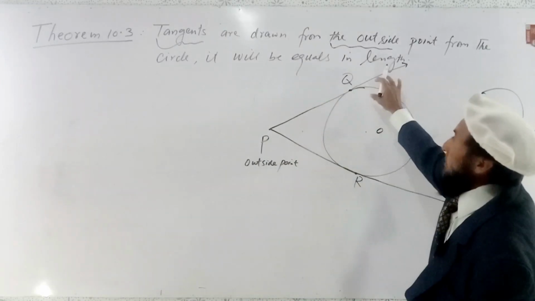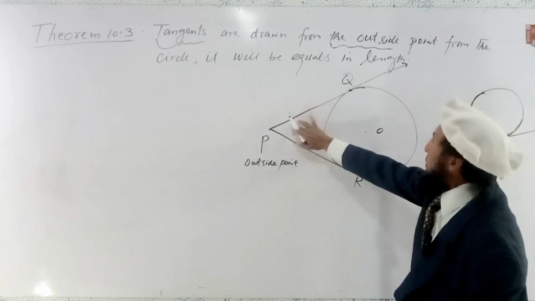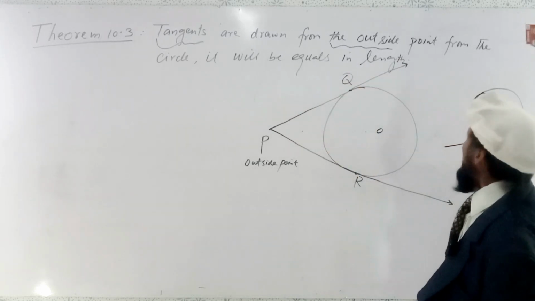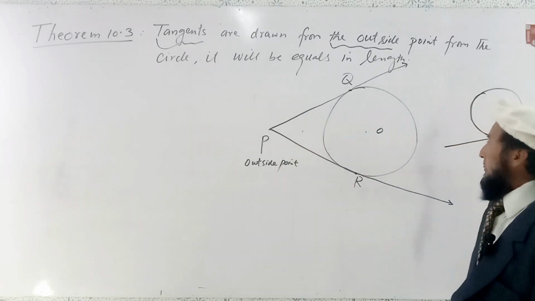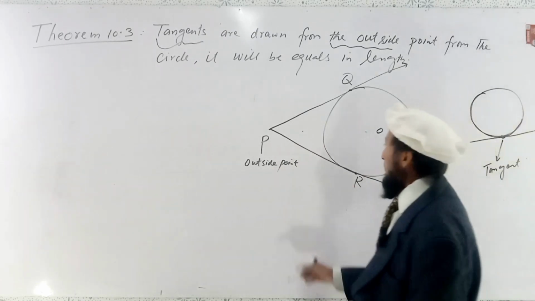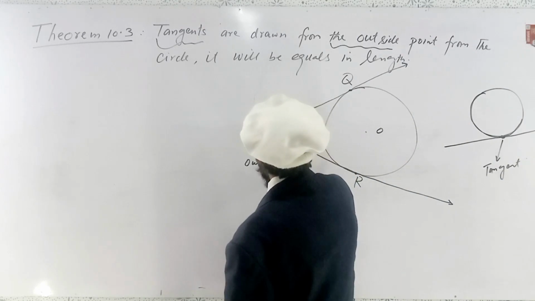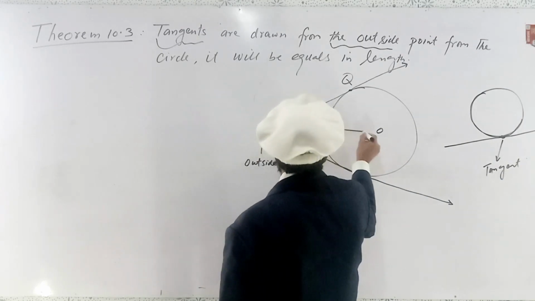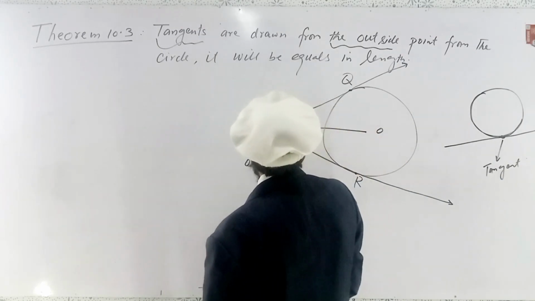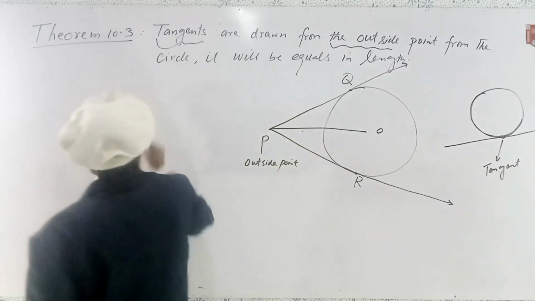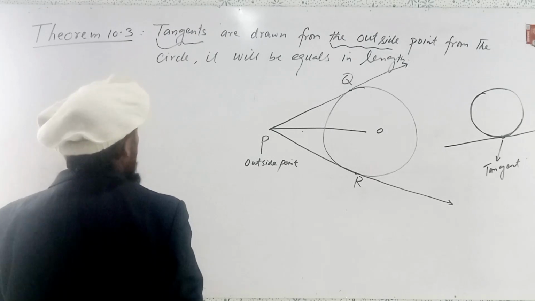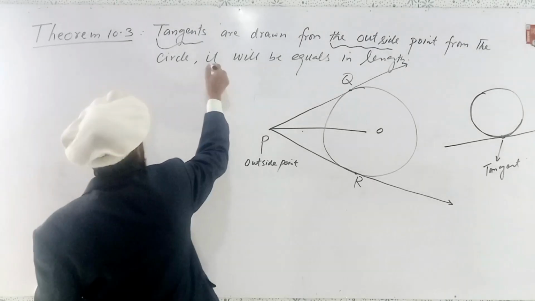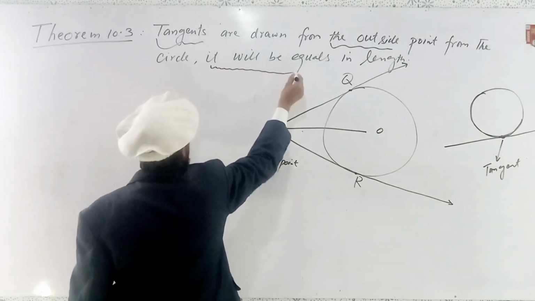When two tangents are drawn, PQ is one tangent and PR is the other tangent. So we join here. Now, according to the theorem, tangents are drawn from the outside point, so we will prove that they are equal in length.